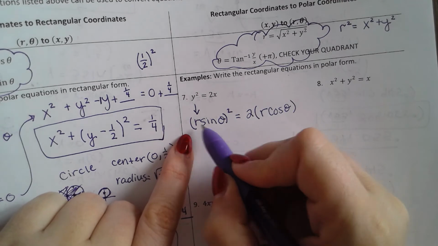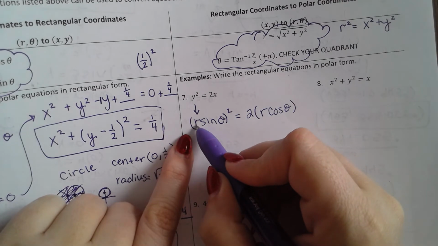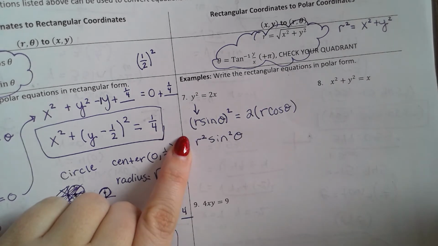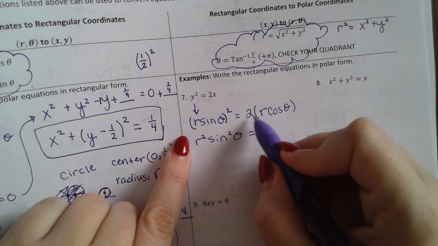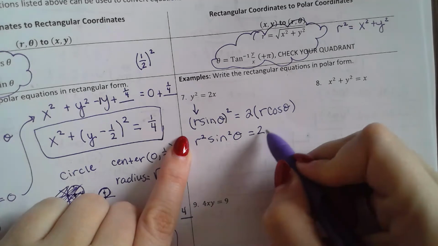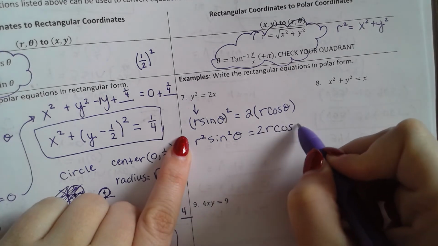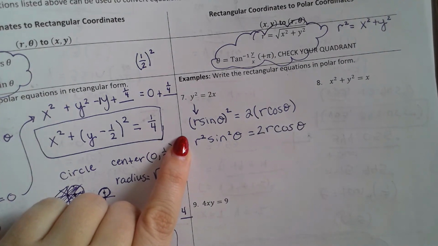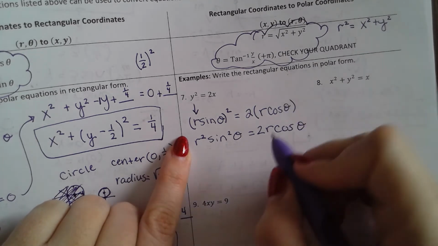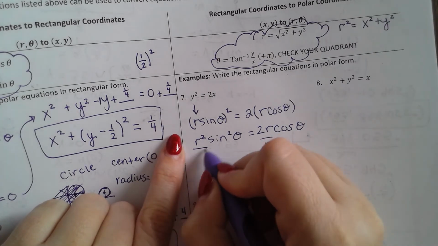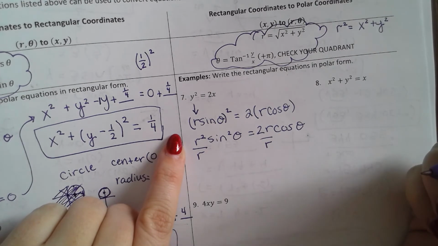So if I'm squaring this whole thing, I've got r squared, and then sine squared theta. It's equal to 2r cosine theta. Okay, well, we always like to have r by itself here, so next we're going to divide by r on each side, so we can get some of our r's to the same side.